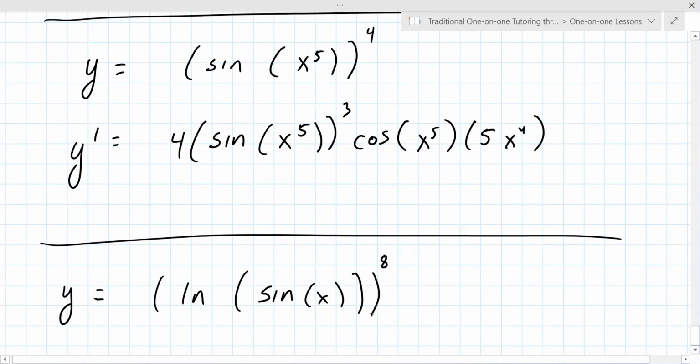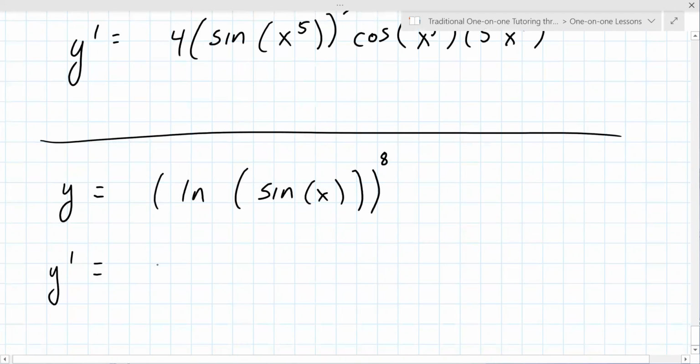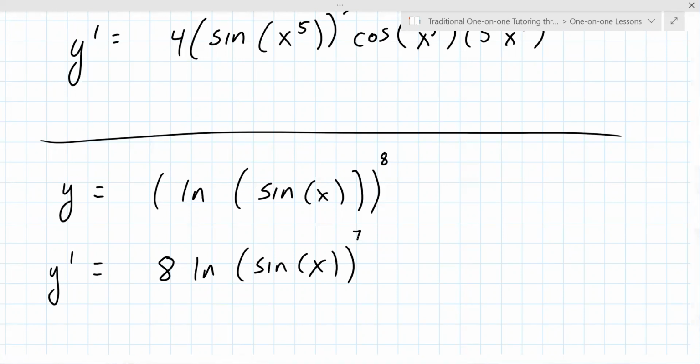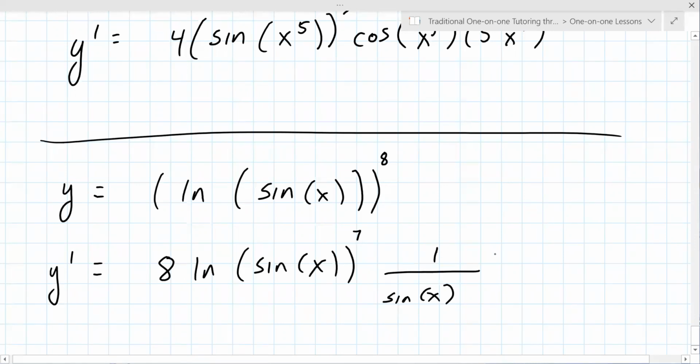Y prime equals 8, then parentheses, natural log of sine x. Then the derivative of natural log is 1 over sine x, times the derivative of sine x, which is cos, so cosine x.